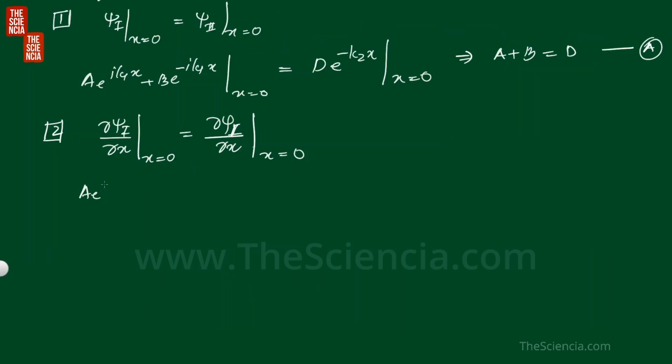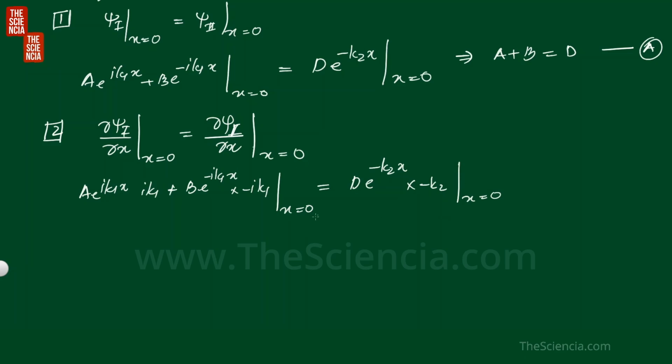That is a e raised to i k1x into i k1 plus b e raised to minus i k1x into minus i k1 at x equal to 0 is equal to dou psi 2 by dou x, that is d e raised to minus k2x into minus k2 at x equal to 0. So substitute this value of x equal to 0 in this equation. So we will get a i k1 minus b i k1 equal to minus d k2.